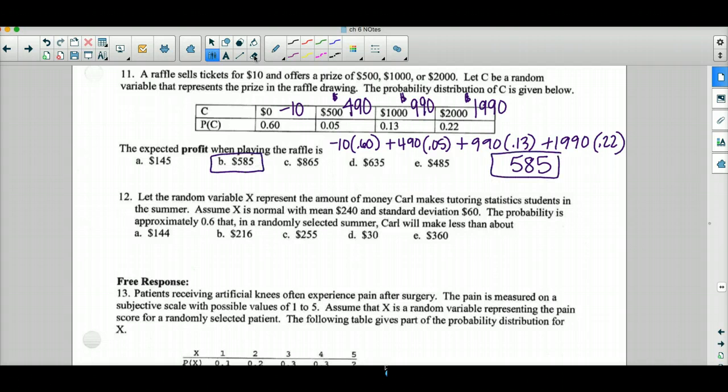Let me make sure I'm right, because I could have messed that up. And I have $585. Perfect.